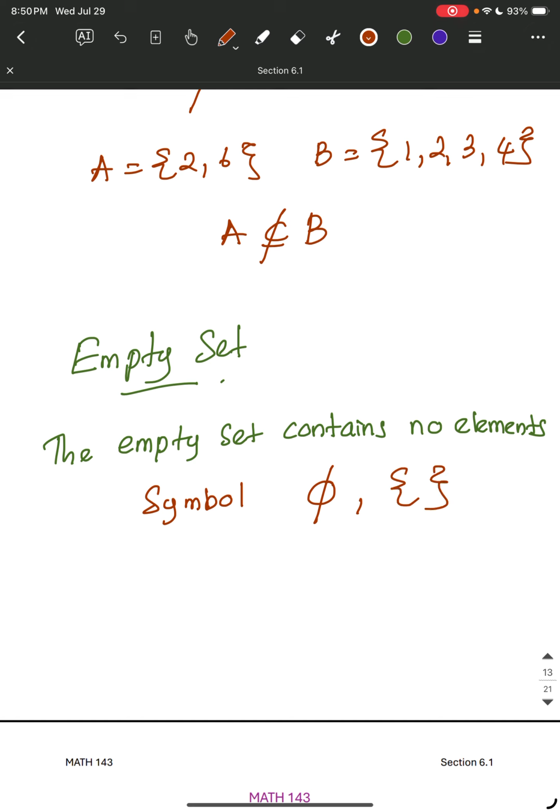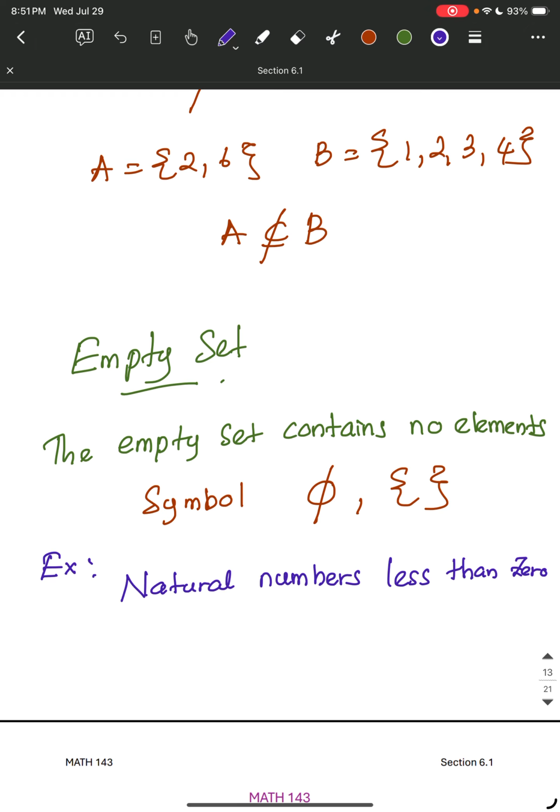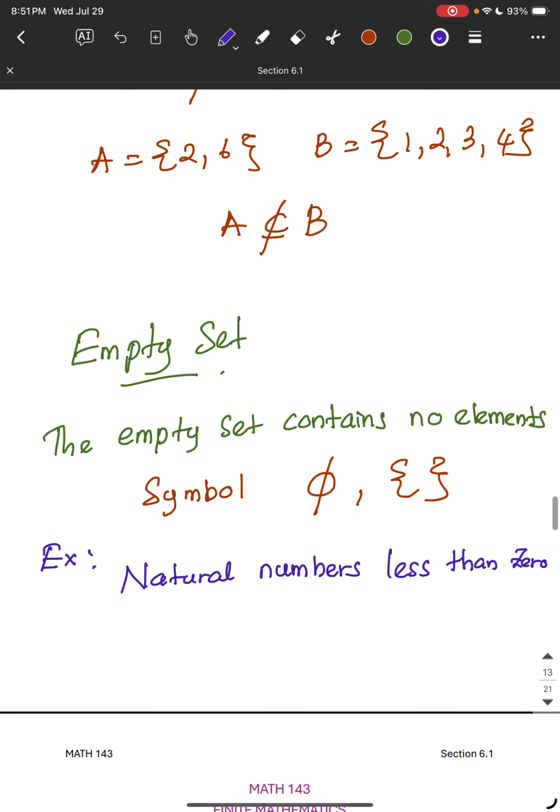Let's see the example. Natural numbers less than 0. There are none, because the natural numbers are counting numbers such as 1, 2, 3, 4, 5, 6 and upward. Therefore, there are no natural numbers below 0, so the set is empty.